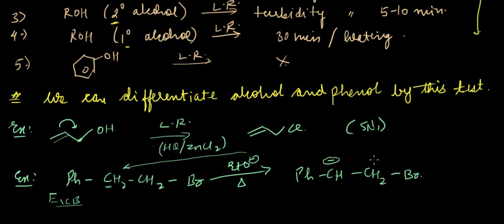Now if we pass it through EtOD, what will happen is it will take on D plus and it will form something like CH, D and CH2 Br.